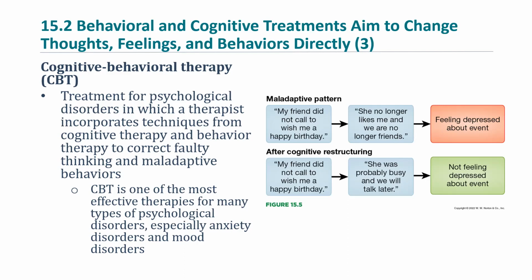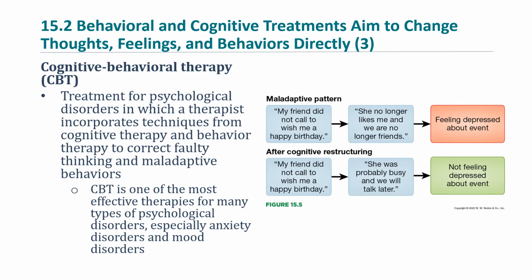What they might do with CBT is change that pattern. If you can change your thinking to not assume the worst, then you could also change your behavior. When you're not sure about how somebody feels about you, maybe give them a call, reach out to them. Not aggressively, but be more initiating of things like that, rather than showing avoidance behavior.